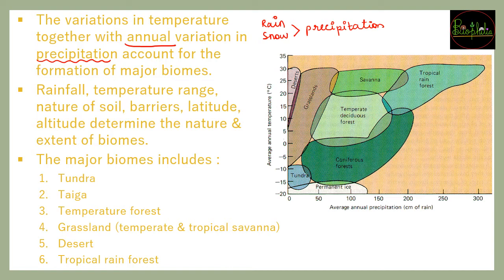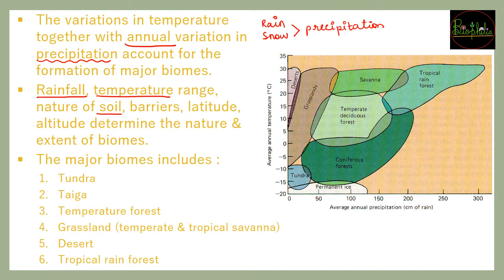So exactly what are the parameters which are going to help you to understand this biome is going to be separate than the other. So first is rainfall, that is the precipitation. Then the temperature range, कितना temperature है, the highest and the lowest.